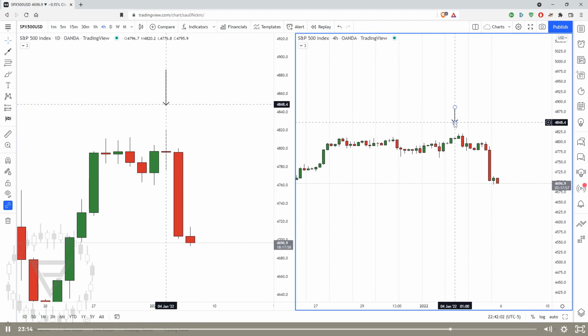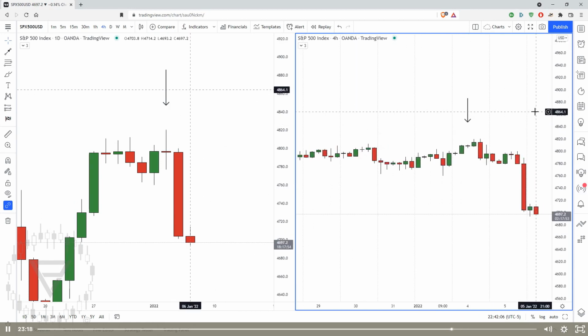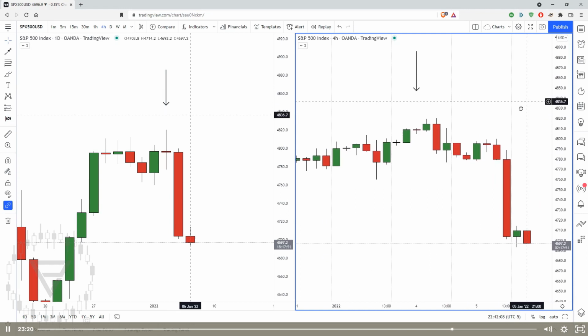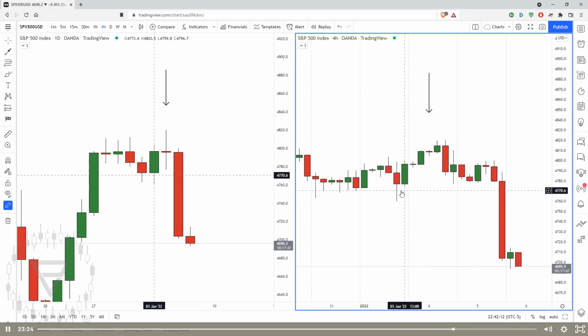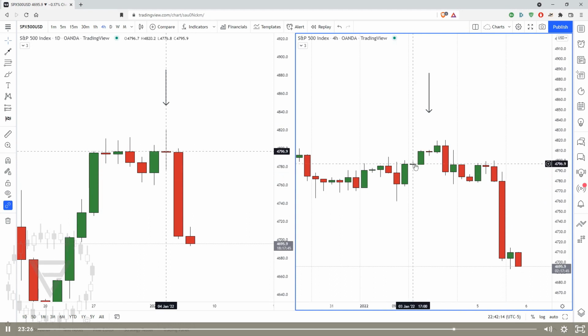So this is the day in question right over here. If we zoom in here, we can see how this market we have one, two, three, four, five, 6 candlesticks.